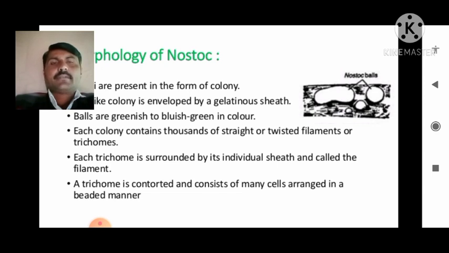In the previous lecture, we have gone thoroughly with respect to the genus Nostoc.